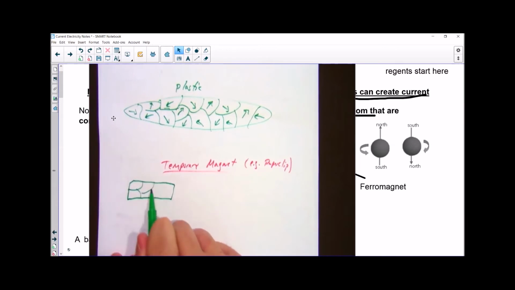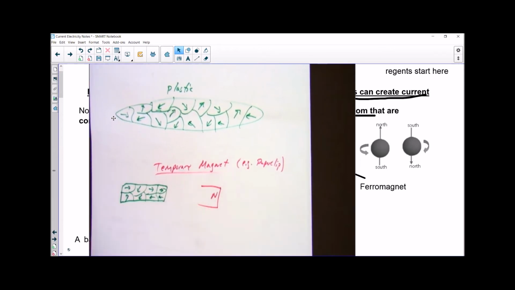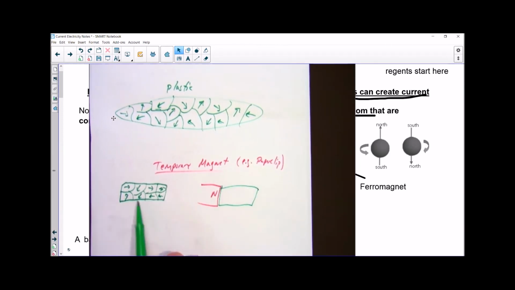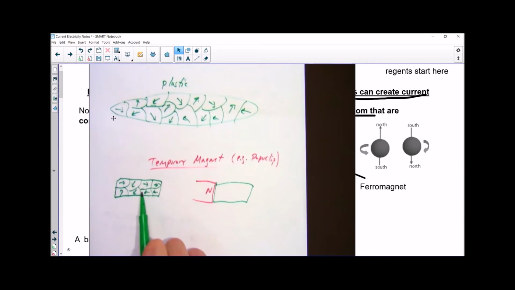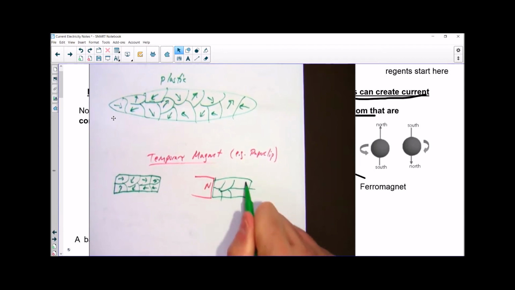Normally, when it's just sitting there by itself, all of its domains are pointed in different directions, making the net magnetic field zero. But in the presence of a magnet, for example, if I touch a magnet to a paperclip, its electrons are able to move around quite readily. When I do that, I'm able to rotate the atoms so they all line up.